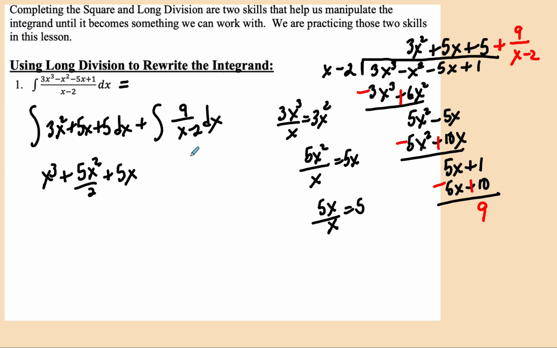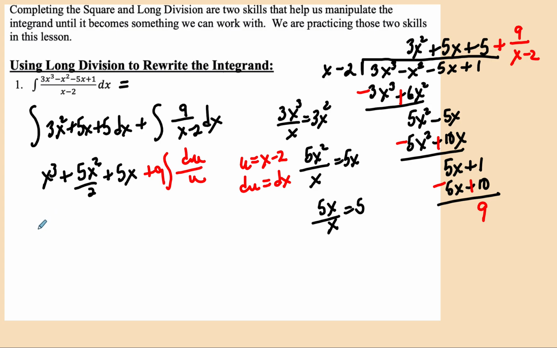And then over here, I'm going to have to use u substitution. I'm going to let u be equal to x minus 2, and du will be equal to dx. So this is going to be plus the integral, and I can bring the 9 outside, and this will be du over u.